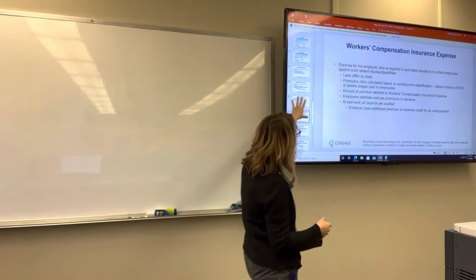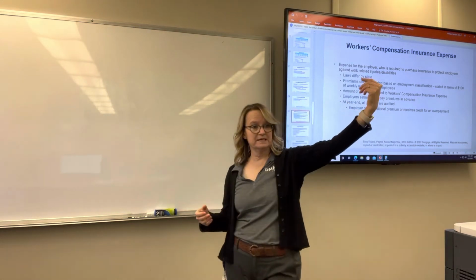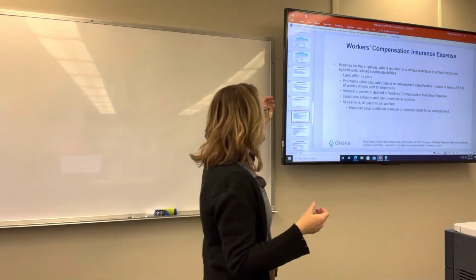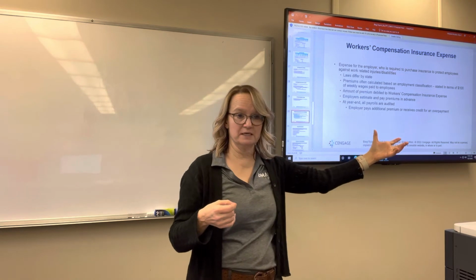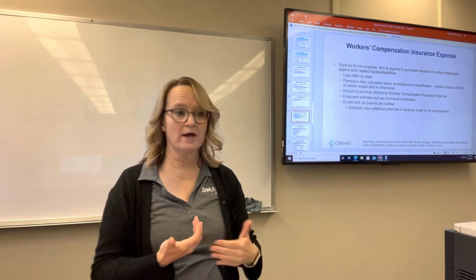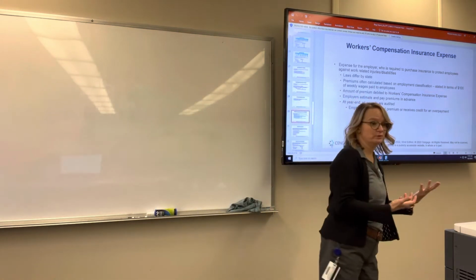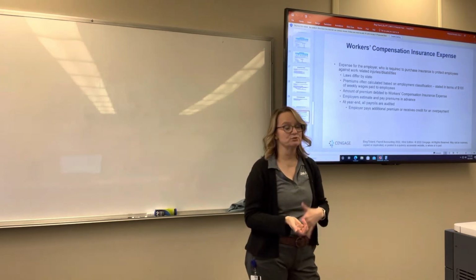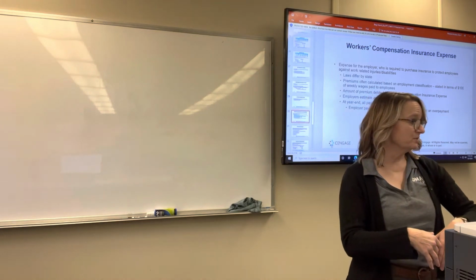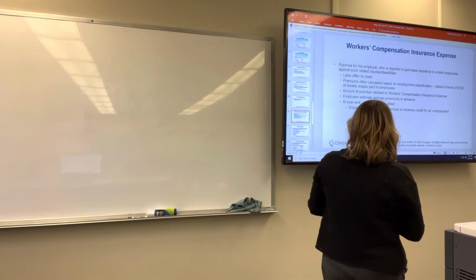The premium is usually assessed at the beginning of the year, and the employer will then pay it at the beginning of the year. But at the end of the year, the payroll may be different from what was actually anticipated, and an adjustment would be made to the premium. The company may receive a refund of their premium, or they may have to pay additional premium based upon what actually occurred.